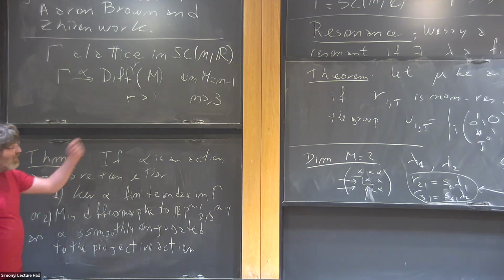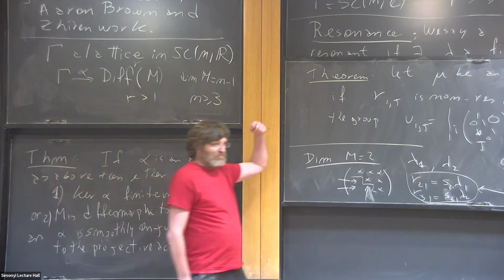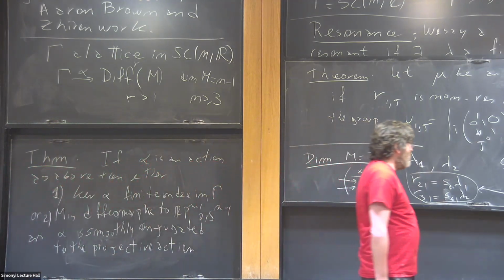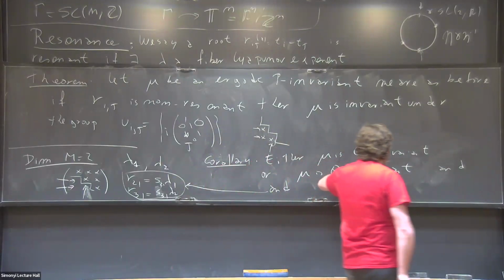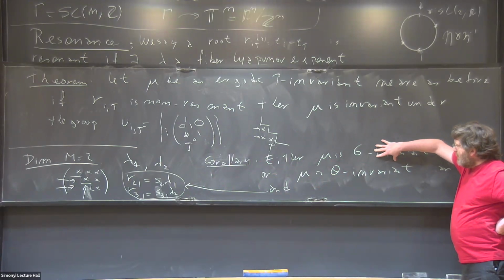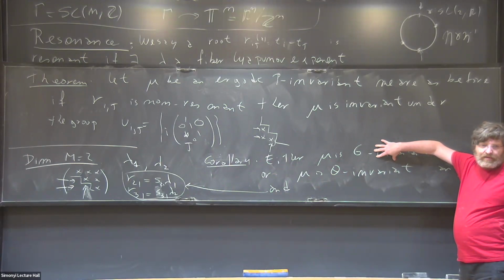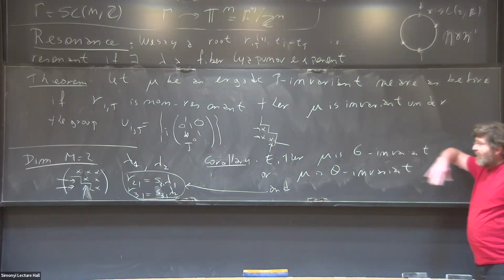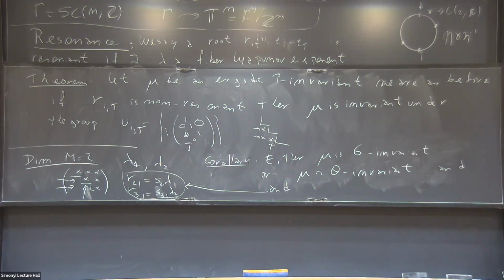You take all possible P-invariant measures, and if you always get that the P-invariant measure is G-invariant, then Zimmer cocycle superrigidity tells you that the derivative cocycle is equivalent to a representation in dimension 2, but there is no nontrivial representation of SL3R in dimension 2. So it's only the trivial one.